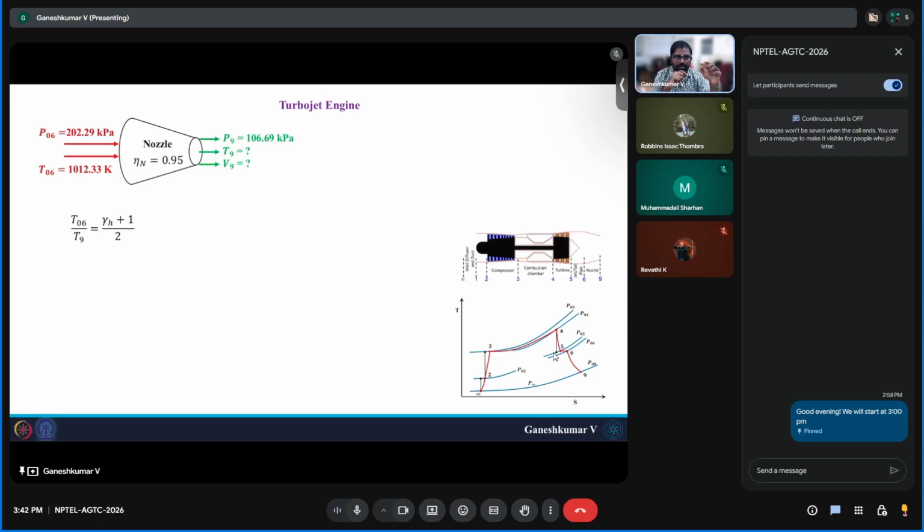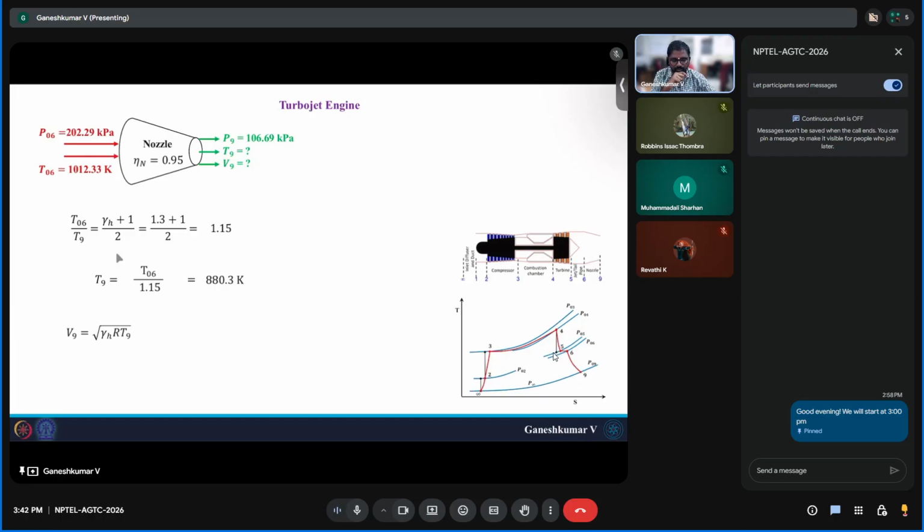In that, if you substitute M to be 1, you will end up having this relation, gamma plus 1 by 2. So 1 plus gamma minus 1 by 2, if you rearrange, becomes gamma plus 1 by 2. And this gamma H is for the hot flue gases. It's not air. So you will have to substitute 1.3 and this will become 1.15. And hence you can find T9 to be 880.3 Kelvin.